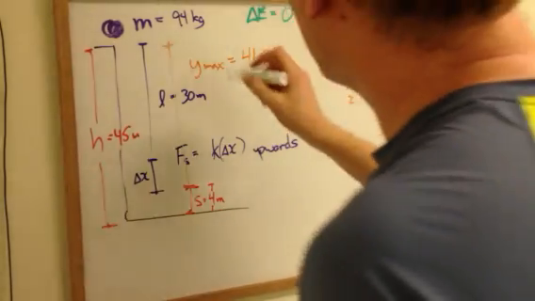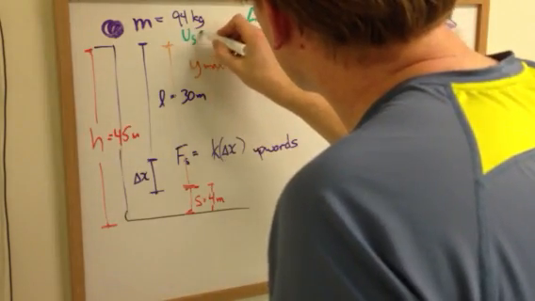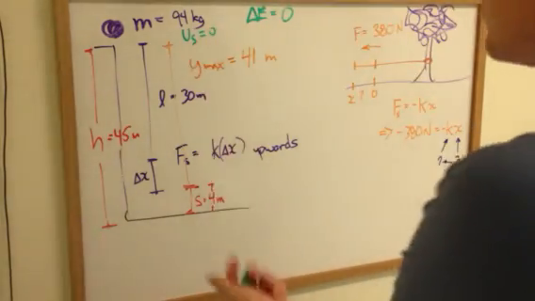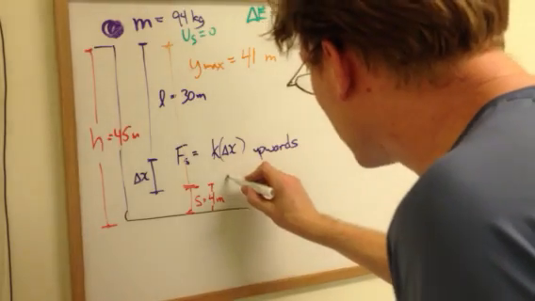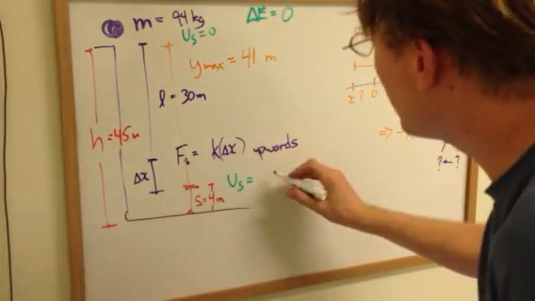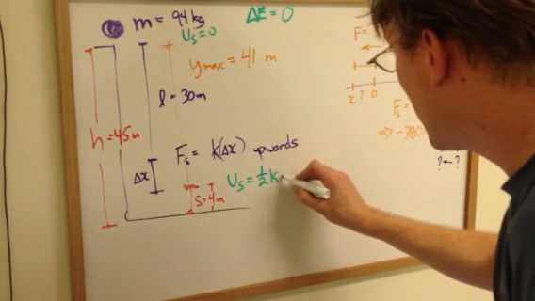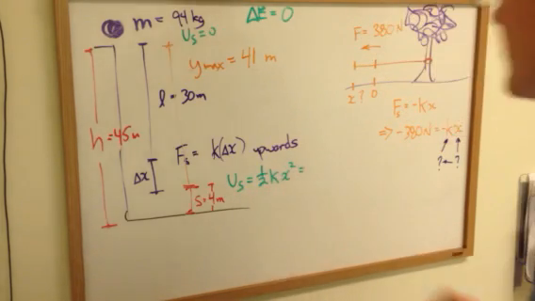What kind of energy does he have up here? Well, there's no energy in the spring either because it's not stretched. There's a large amount of energy in the spring down here. That's going to be equal to the energy of springs, or 1/2 kx squared. That's the formula.